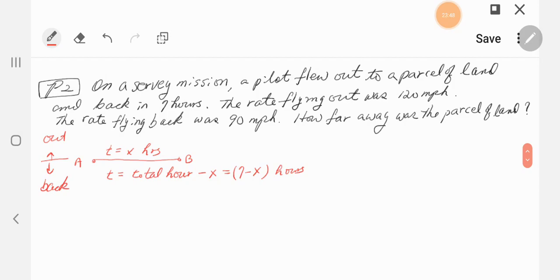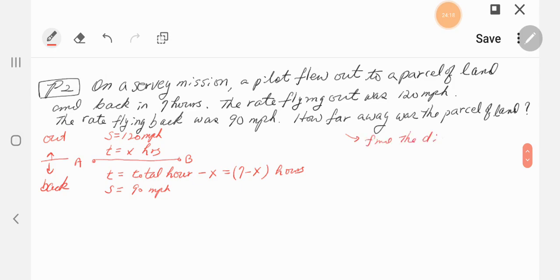The speed flying out to location B is 120 miles per hour. And when you return, the speed is 90 miles per hour. Then how far away was the parcel of land? So we are looking to find the distance.